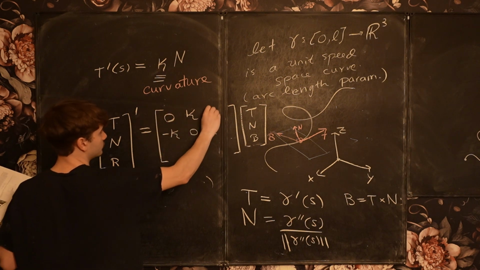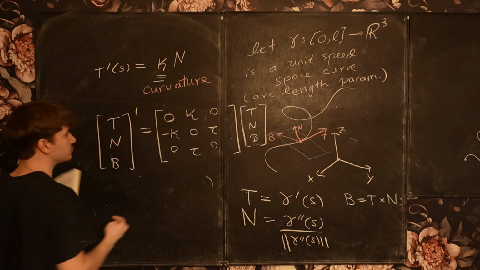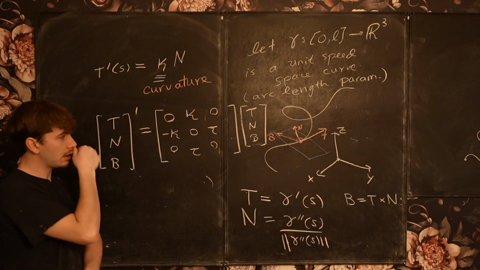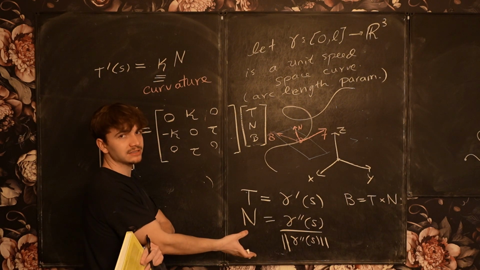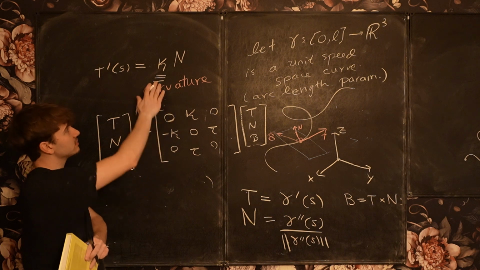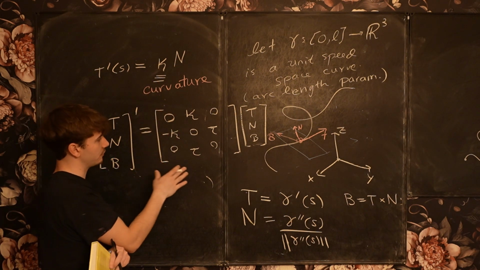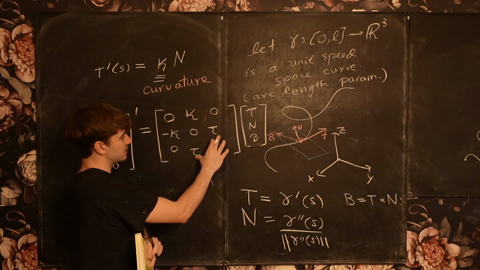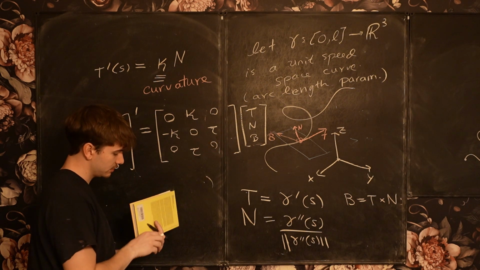Really interesting here: not only do we have a nice definition for this frame, and it tells us the curvature of our curve, but we also have this new constant called tau, which is the torsion.